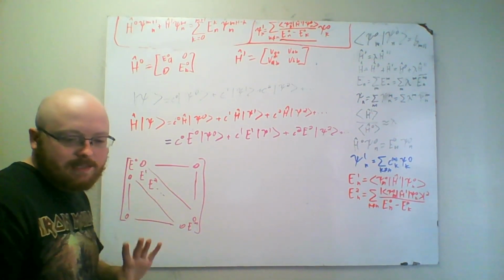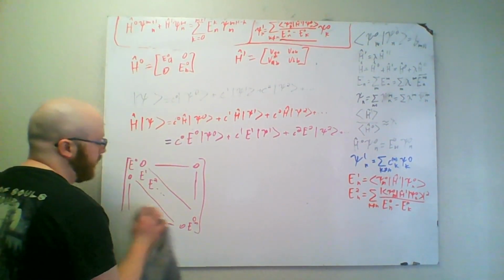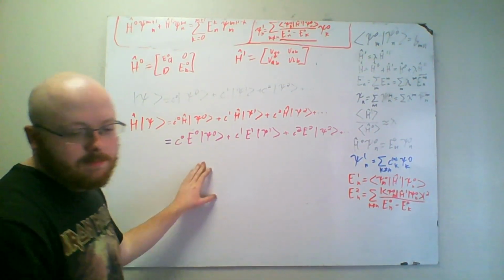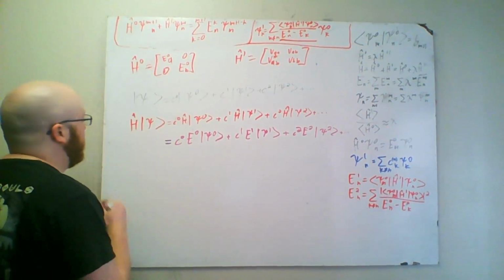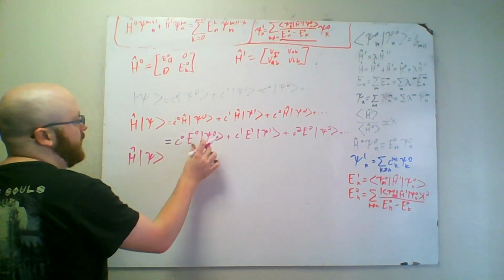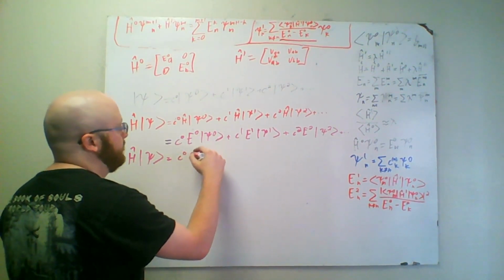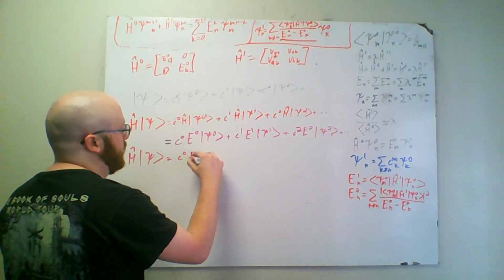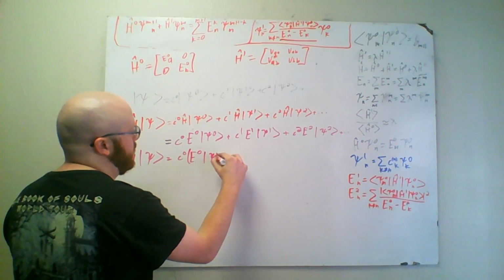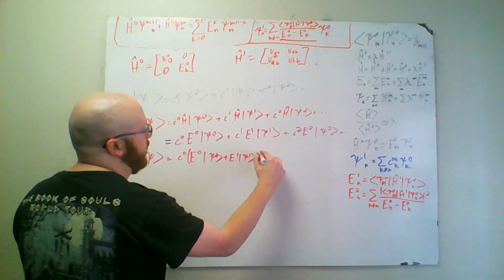Okay, but let's consider a little bit of a weird case. What happens if I have these nice psi zeros, but there's something weird? If I apply the Hamiltonian to psi, I don't get just something nice and clean like this. What I end up getting is, say, C0 E0 psi 0 plus E1 psi 1, right?